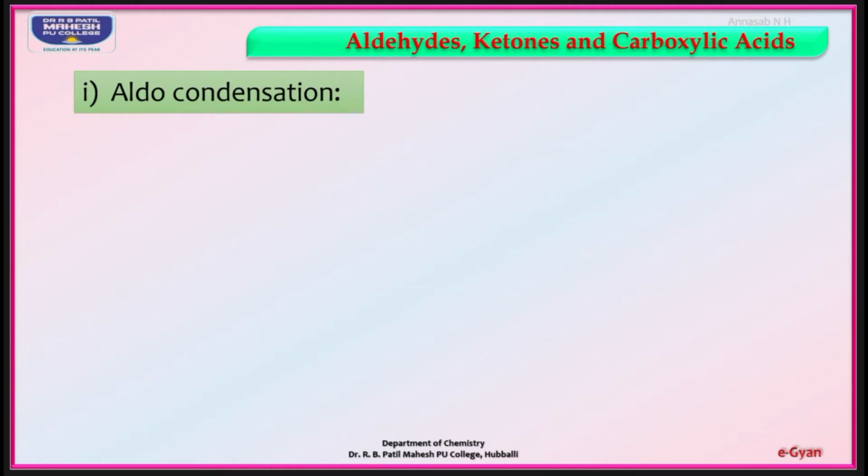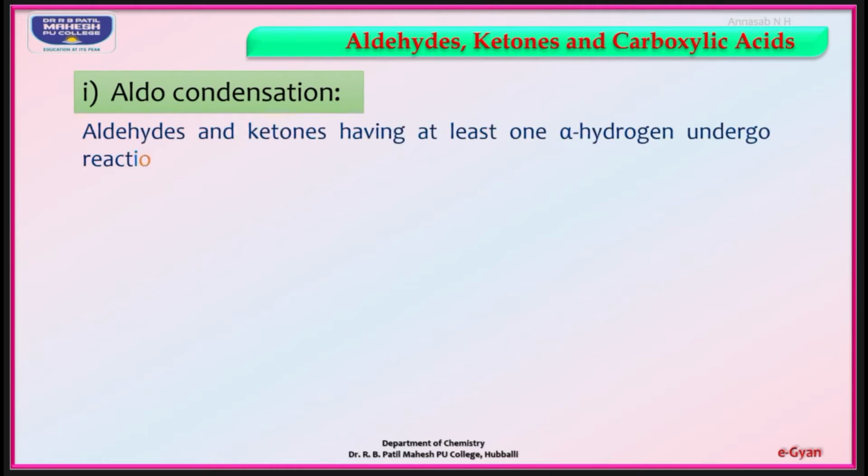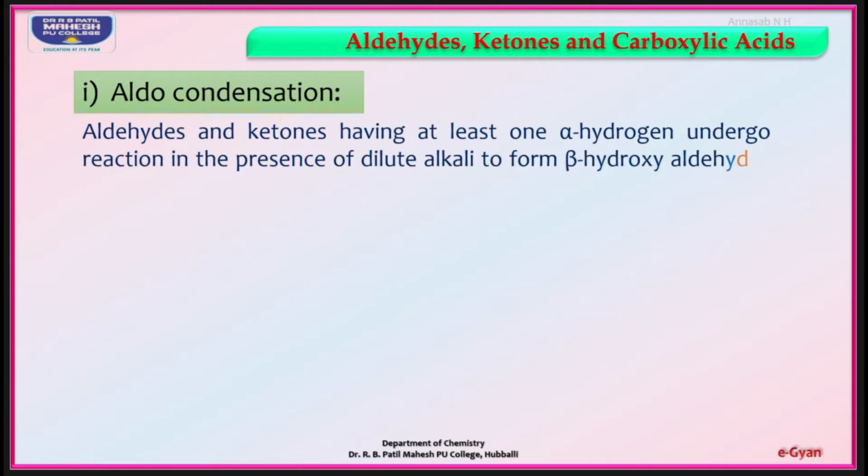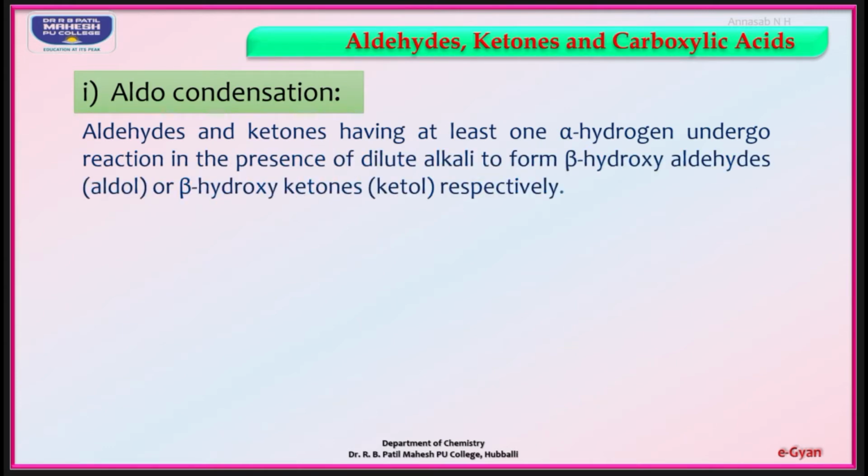The aldehydes and ketones having at least one alpha hydrogen atom can undergo a reaction with dilute alkali to form beta hydroxyaldehyde, which is also known as aldol, or beta hydroxyketone, which is also known as ketol, respectively.